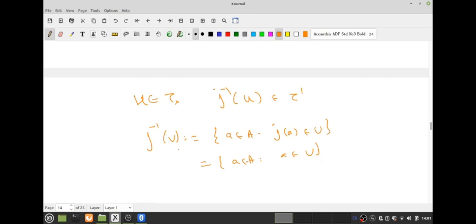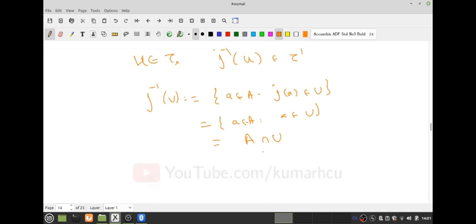It has to satisfy two conditions: the element must be in A as well as in U. Therefore this set is nothing other than A intersection U. Do you understand that? Please pause, review, proceed.